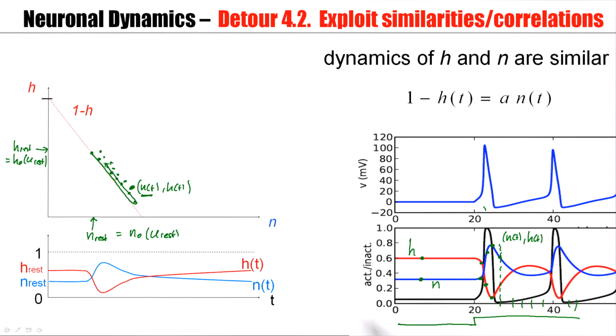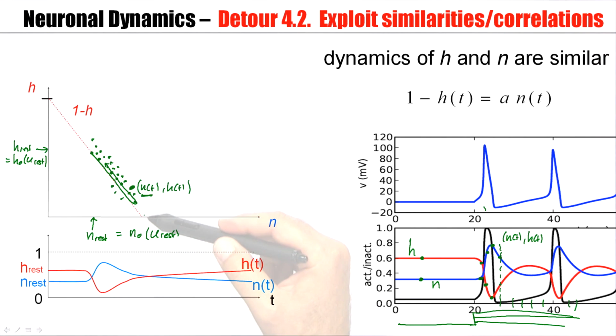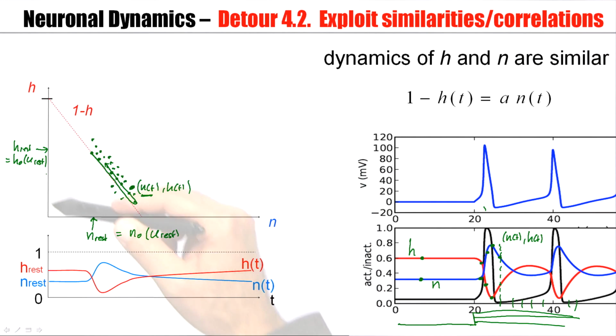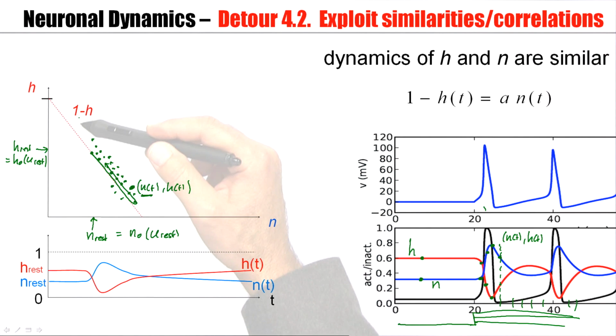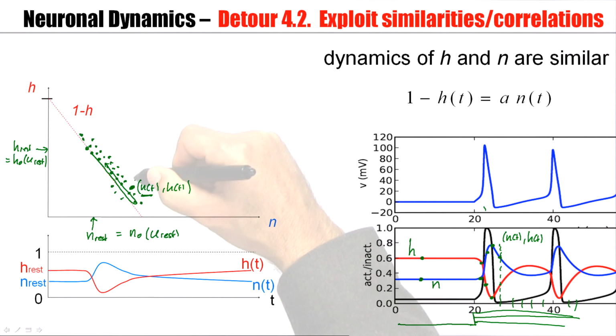If I give a different stimulus, the trajectories might be different. However, what you find is that all data points lie in close proximity to this red dashed line. There's a cloud of data points, and this cloud of data points does not fill the two-dimensional space equally. But this cloud of data points is elongated.